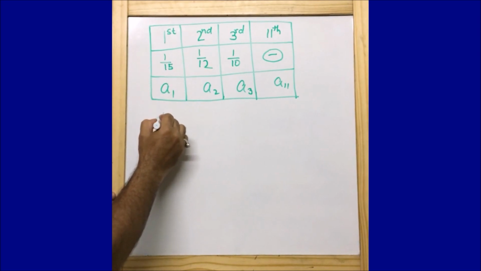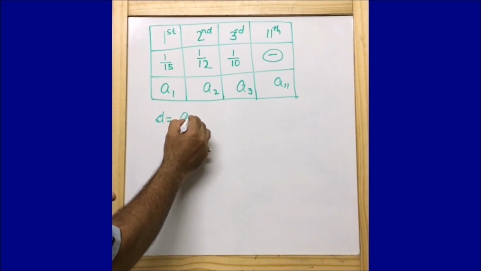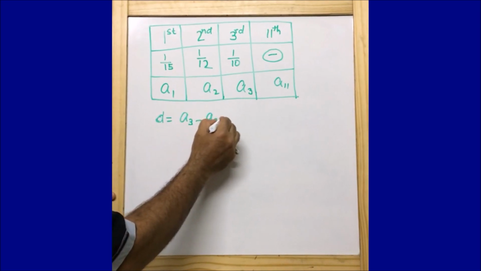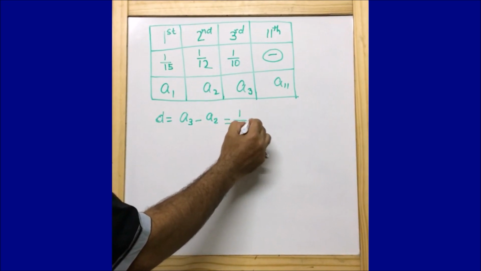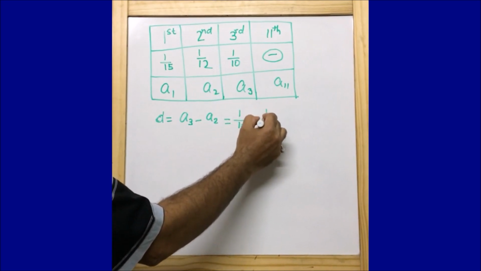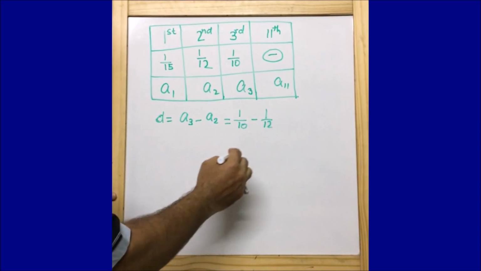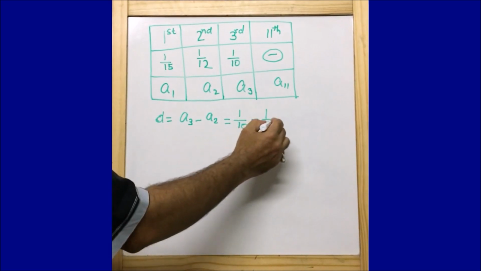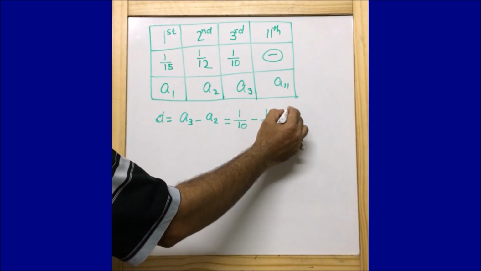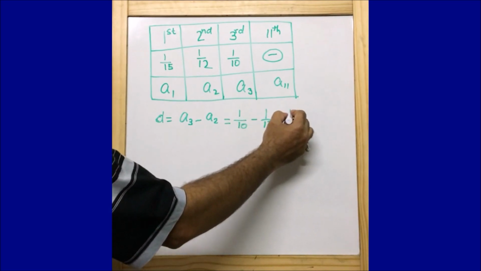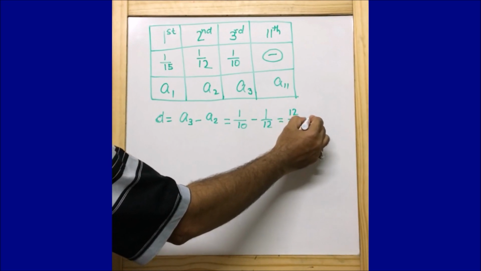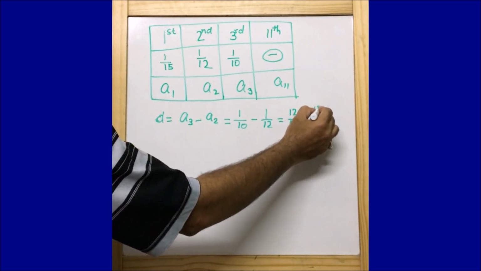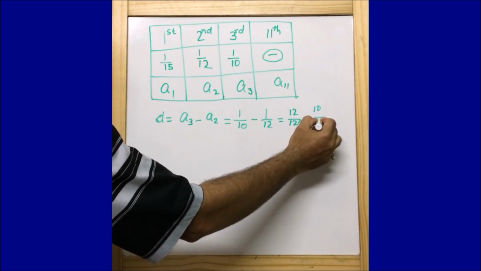Here the common difference D is equal to A3 minus A2, which is 1/10 minus 1/12. Multiplying 12 in the numerator and denominator, I get 12/120 minus 10/120.